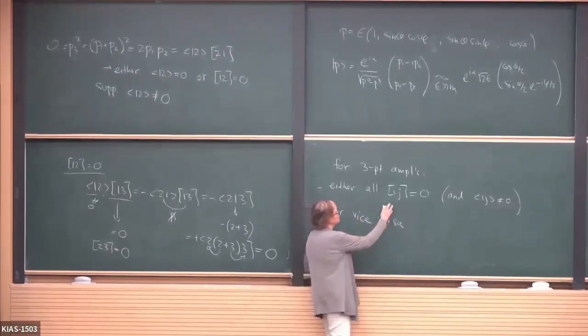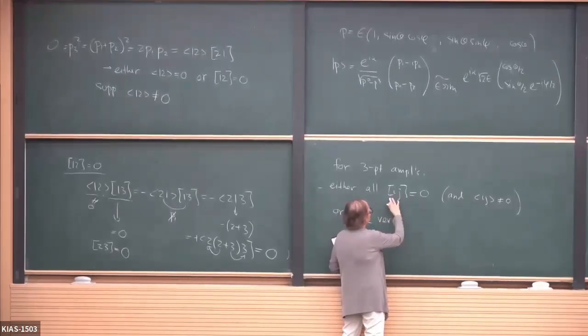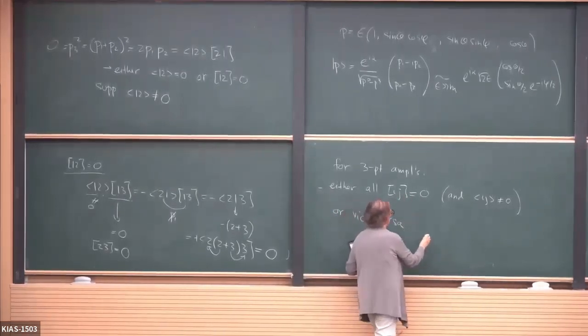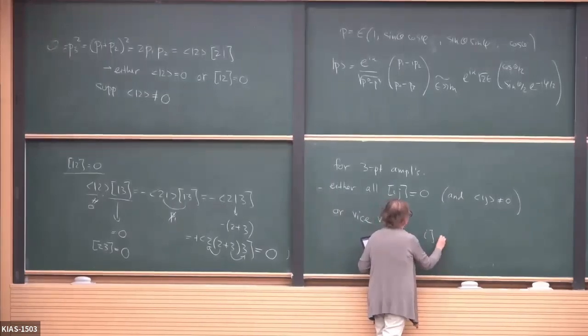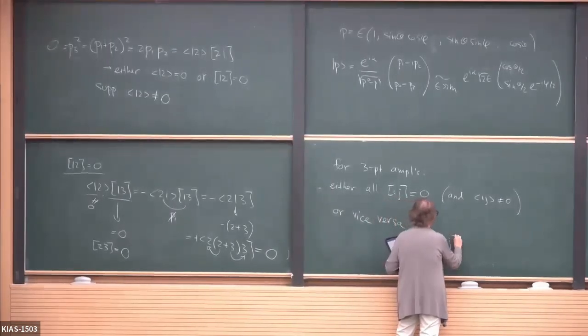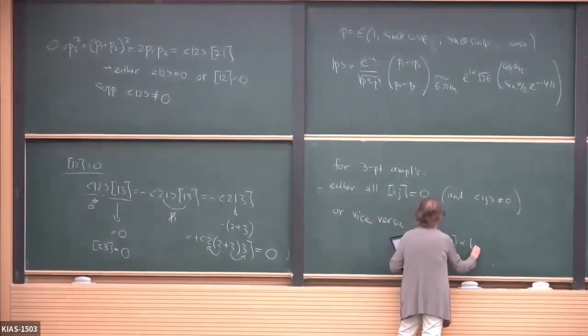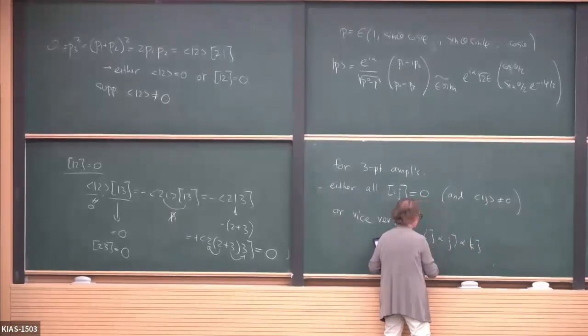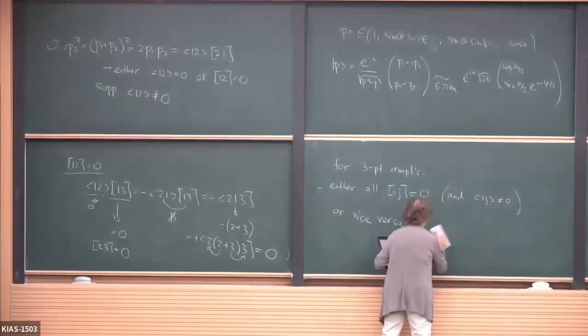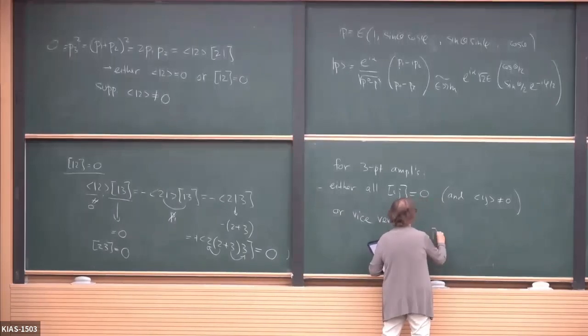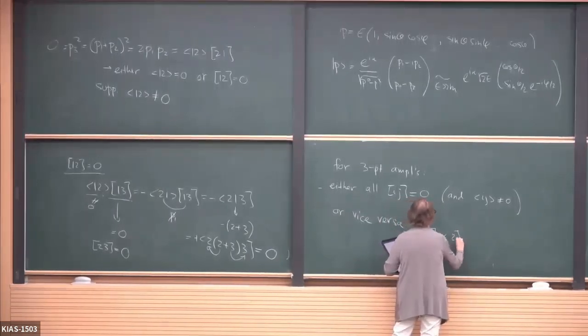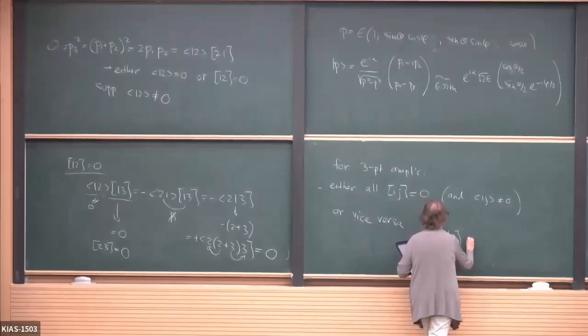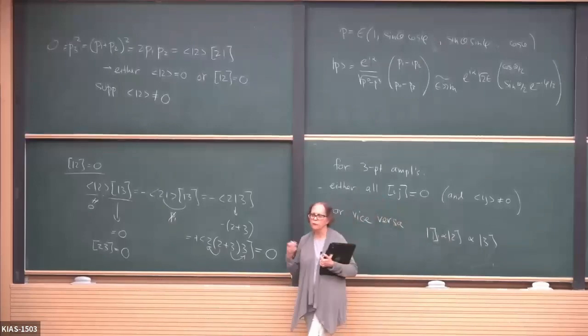What does it mean that all of these guys vanish? It just means that all the square spinors are not independent. They're all sort of parallel to each other. Let me call them λ̃1, λ̃2, and λ̃3. So λ̃1 is proportional to λ̃2, is proportional to λ̃3. Or it's the other way around.